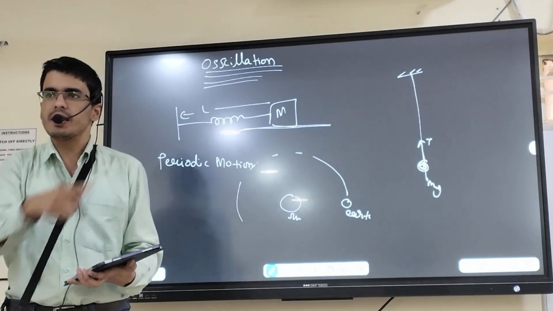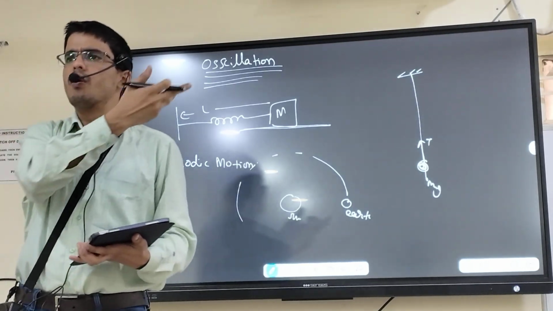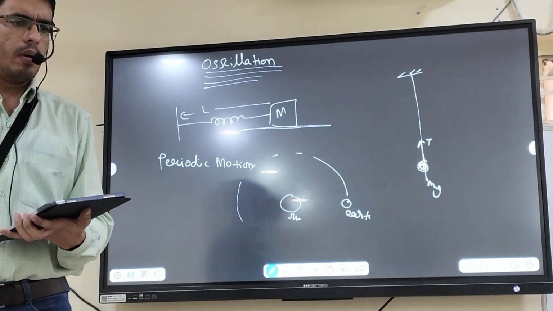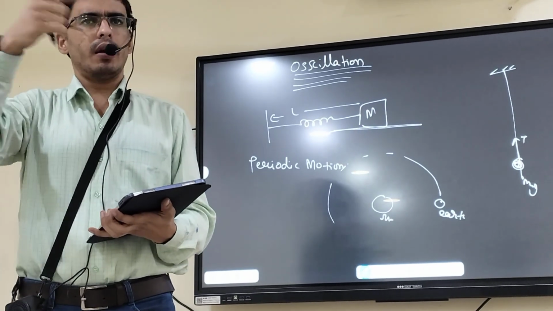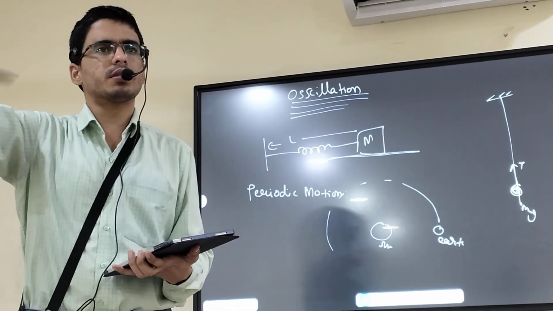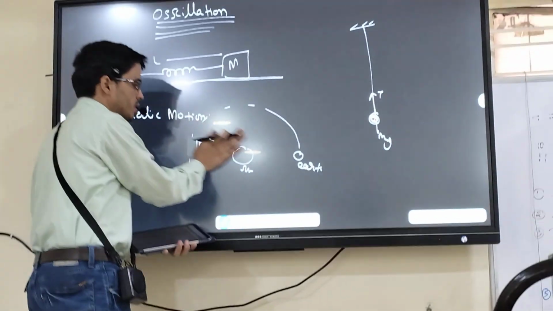After 1 year it repeats its path. Or a wall clock repeats after 12 hours. So that is called periodic motion. It will repeat itself after one fixed time, always a fixed time.